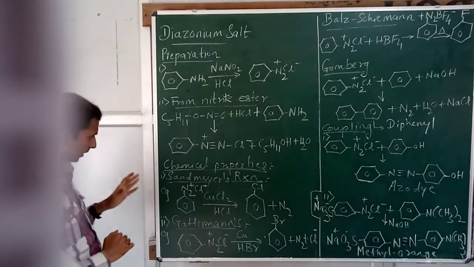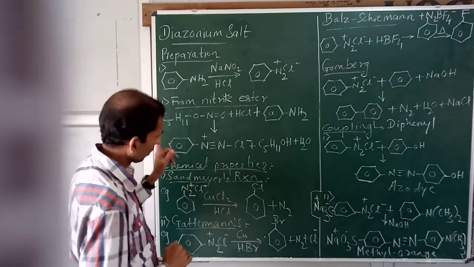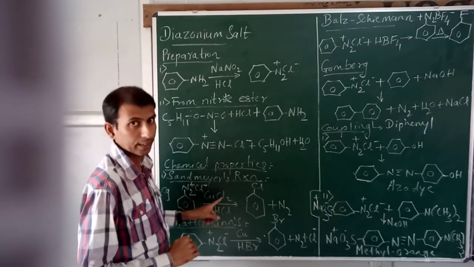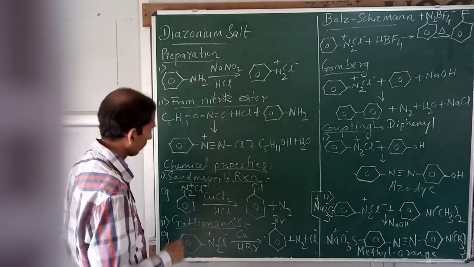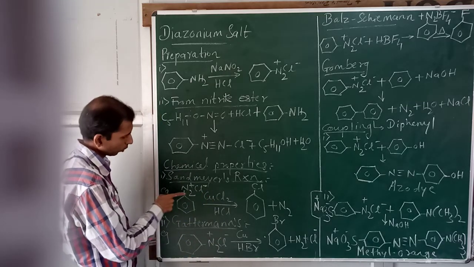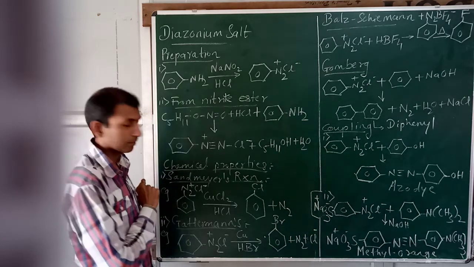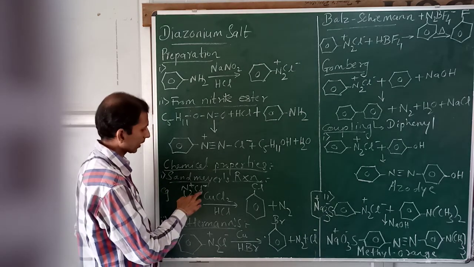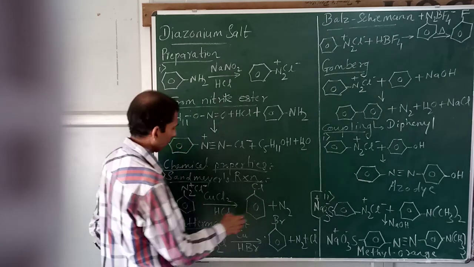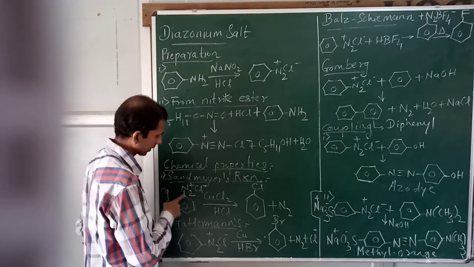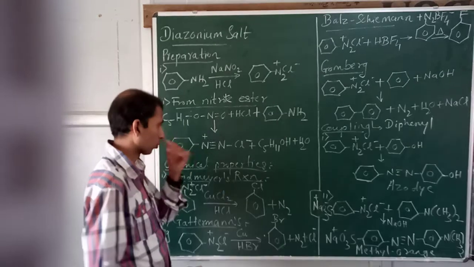So here we take diazonium salt in the presence of copper chloride, CuCl2, in acidic medium HCl. What will happen here? The bond breaks here, between nitrogen and carbon. Chlorine gets attached to this carbon and we get chlorobenzene with the elimination of nitrogen gas. Nitrogen gas is given out, so we get the chlorobenzene compound.